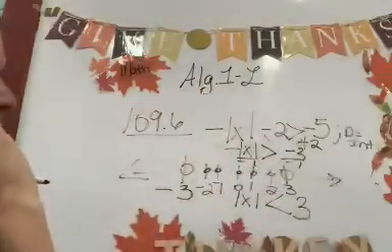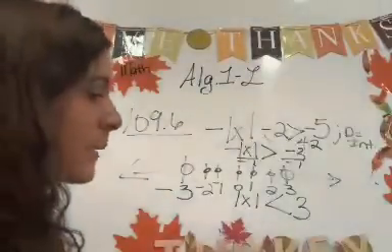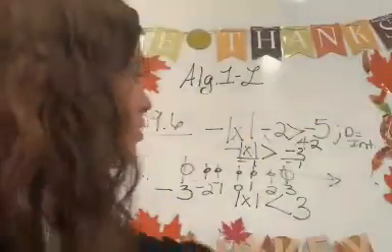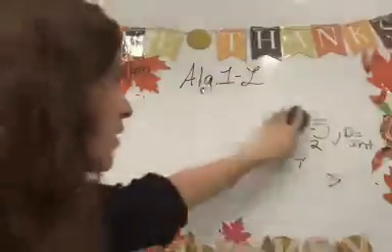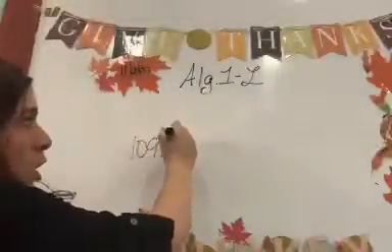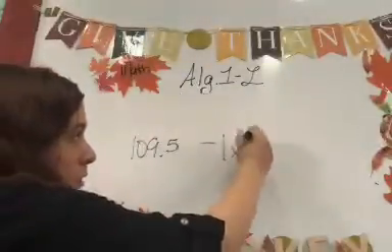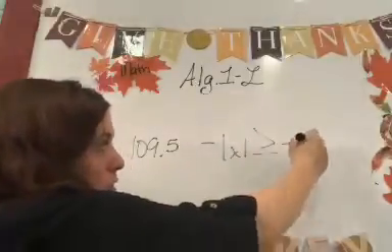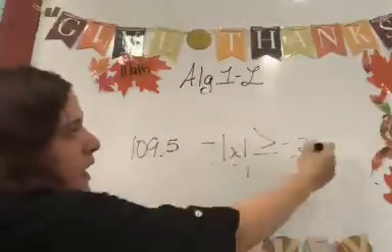Okay? Let me show you example 5 again because there is an easier way to do that. When you see that there's a negative in front of that absolute value sign, you can also solve for x there and flip your sign. So look at 109.5 again. You could say negative absolute value of x is greater than or equal to negative 2. So you divide by negative 1, divide by negative 1.